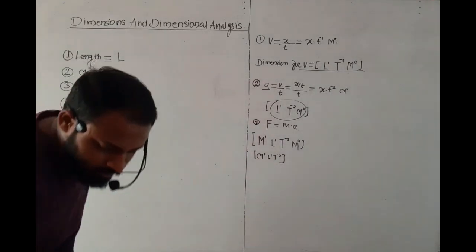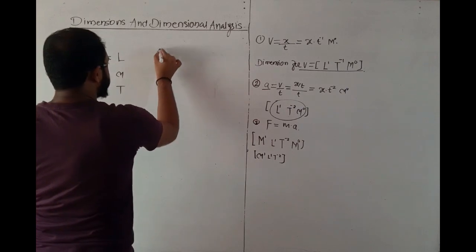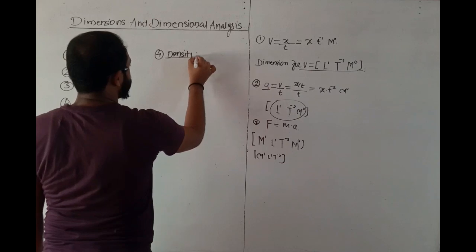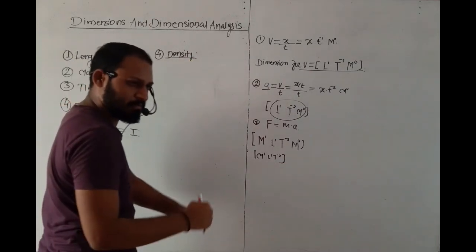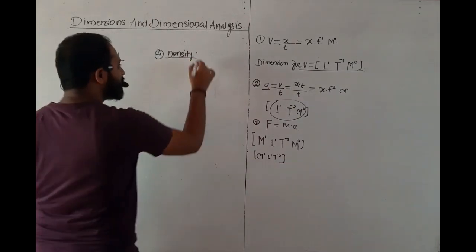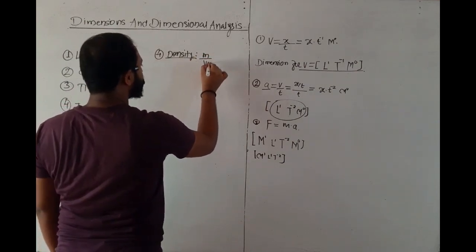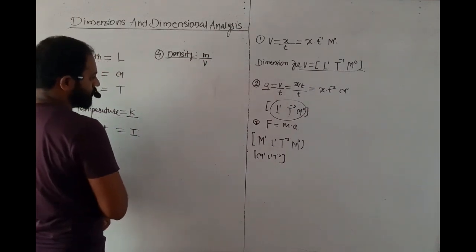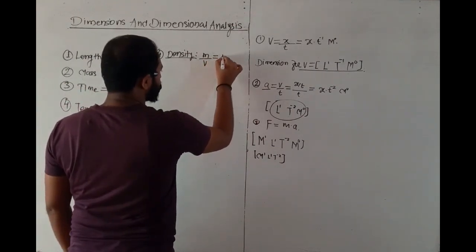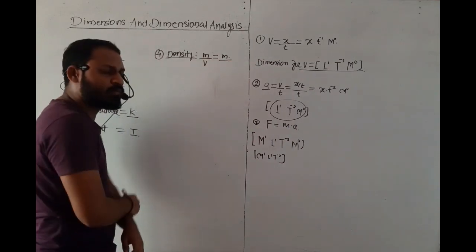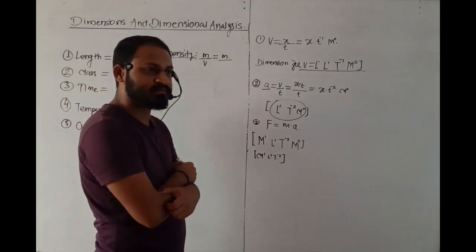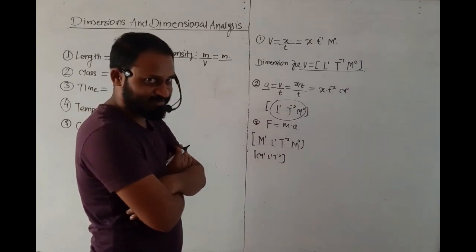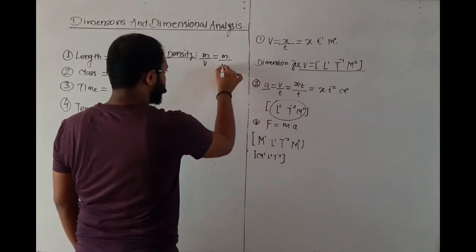Now we will see again for the density. Density. पहले तो आपको फार्मूला पता रहना चाहिए. Density is nothing but what? Mass per unit volume. Okay, now see, mass, volume measures in what? Sir, meter cube. Very good.